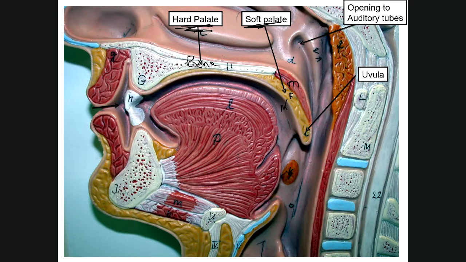Well, the soft palate is soft because it has a function. And its function is when you swallow, it closes off the entrance up into the nasal cavity. It's reflected this direction. And so food, when you swallow it, can't go this way. It can only go this way.